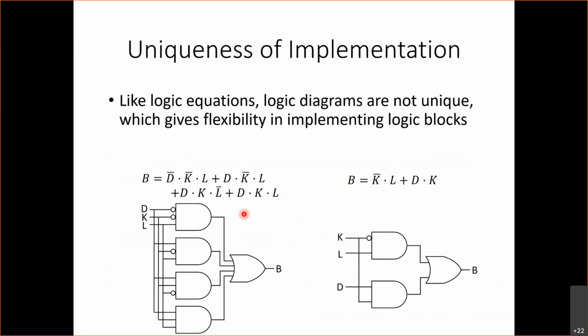In other words, each of these equations is going to correspond to a different way to implement the logic block. Obviously, one way is better than another, because when I draw a logic diagram, all these AND gates, OR gates and NOT gates correspond to actual hardware. So in this case, which of these logic diagrams will use more hardware, the one on the left or the one on the right?